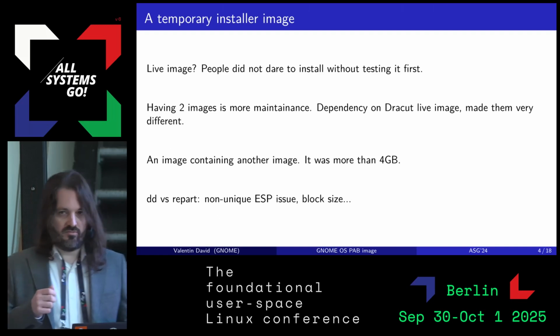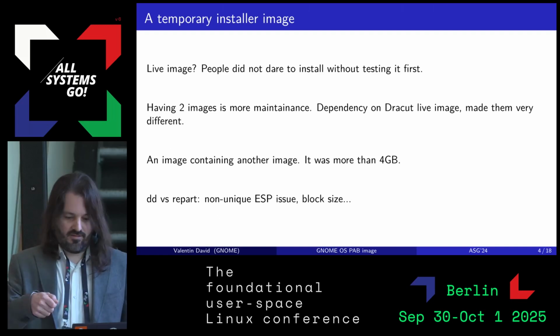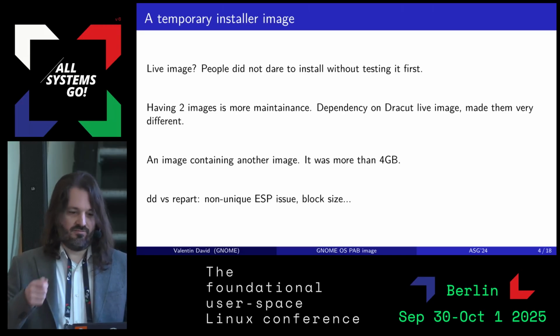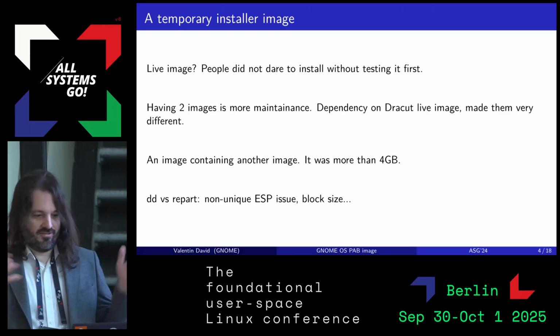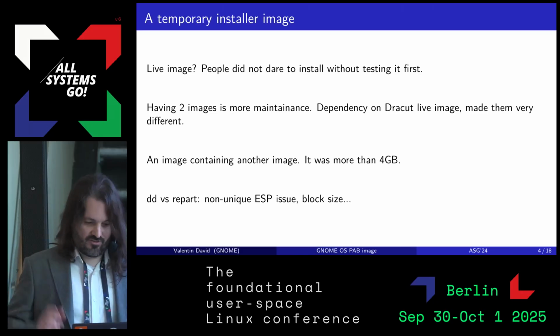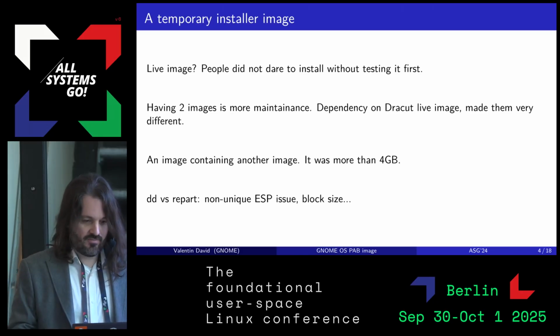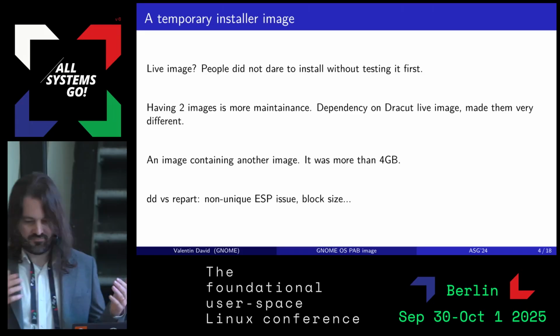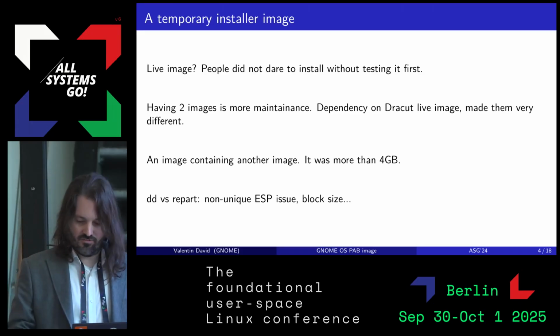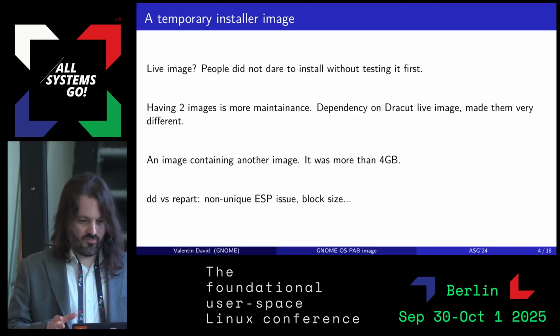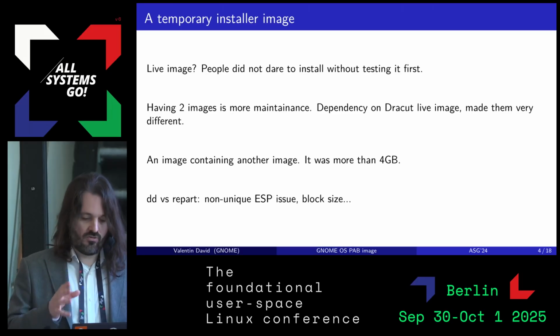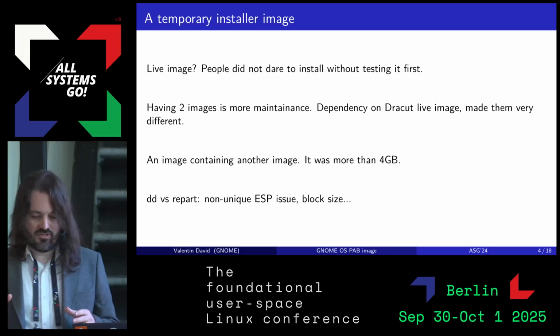Otherwise, you get some problems if you have several disks with several installations of GNOME OS. That would have lots of problems. Anyway, I wanted to remove this and just make a new live image that could do the installation.